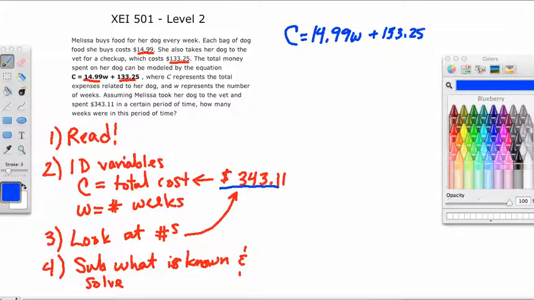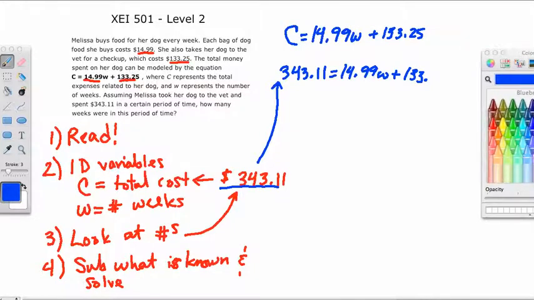So we're going to go ahead and put that in for C. And everything else stays the same for now. Now we're going to solve for W. So in order to solve for W, first we need to subtract from the right-hand side.